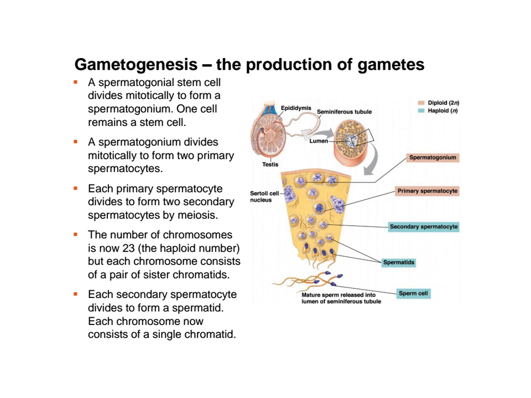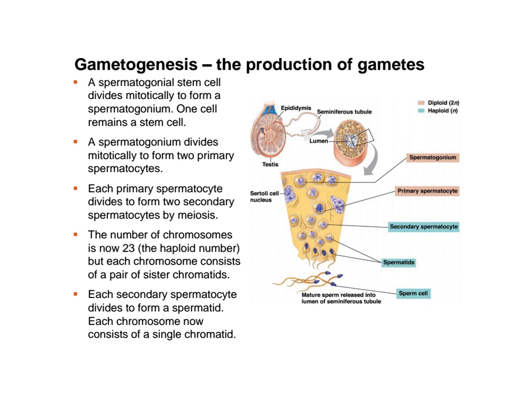So now we have the secondary spermatocytes, which are haploid. So in a human, they would have 23 chromosomes. At this point, though, these chromosomes consist of a pair of sister chromatids. So we still have double the amount of DNA that we need to get to.